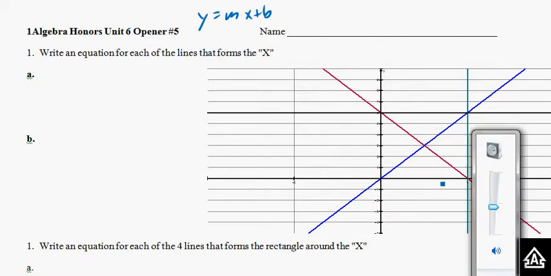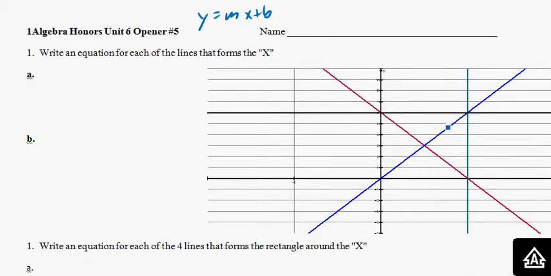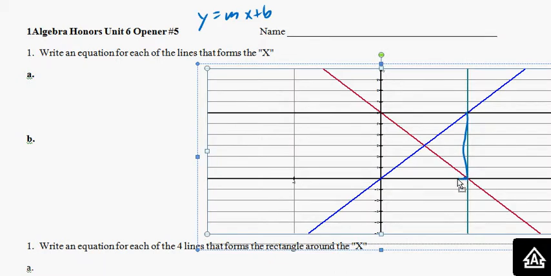Now, first of all, the slope of this line here in blue would be how much the y's change per x. So we can see that the y's increase by 1, 2, 3, 4, 5, 6 units, and the x's increase by 1 unit.